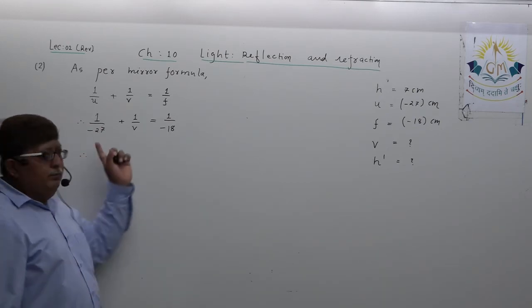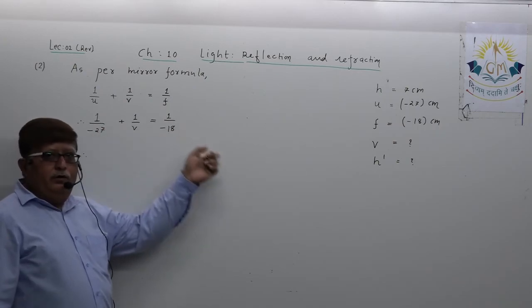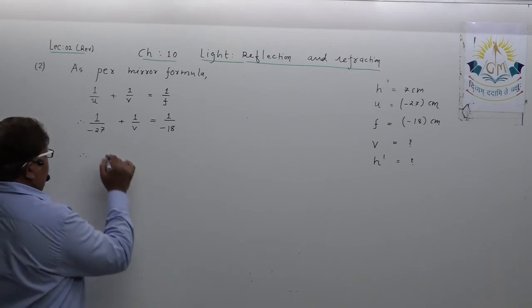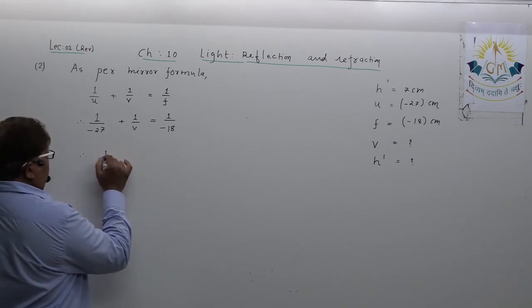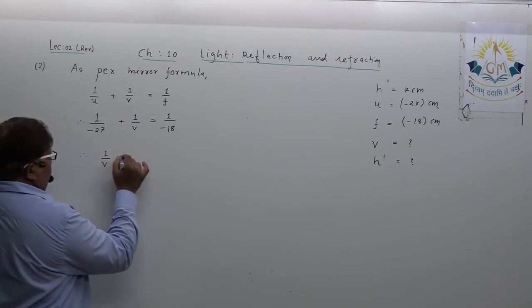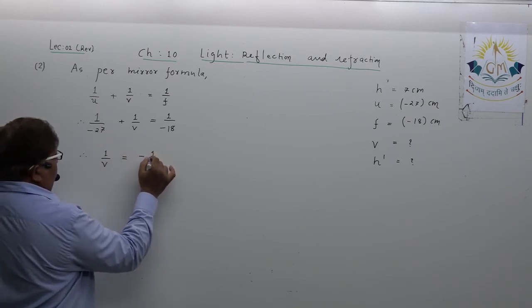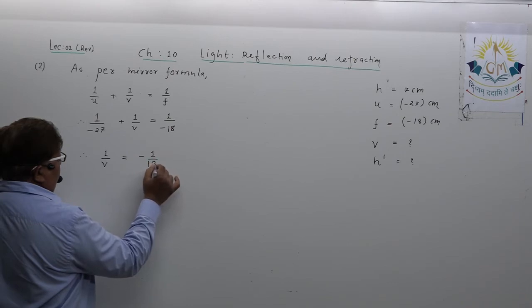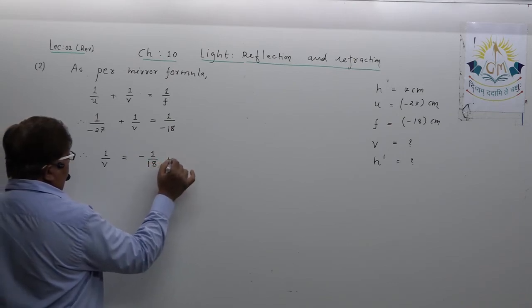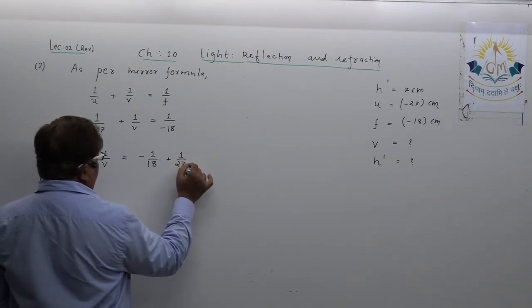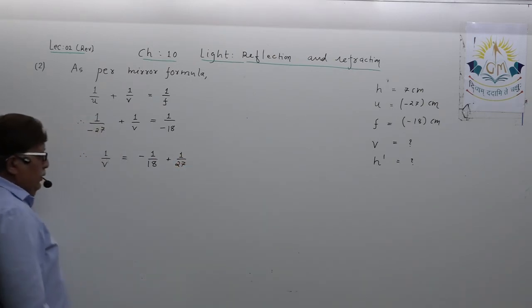Let us transfer this term here. So 1 upon v equals minus 1 upon 18 plus 1 upon 27.